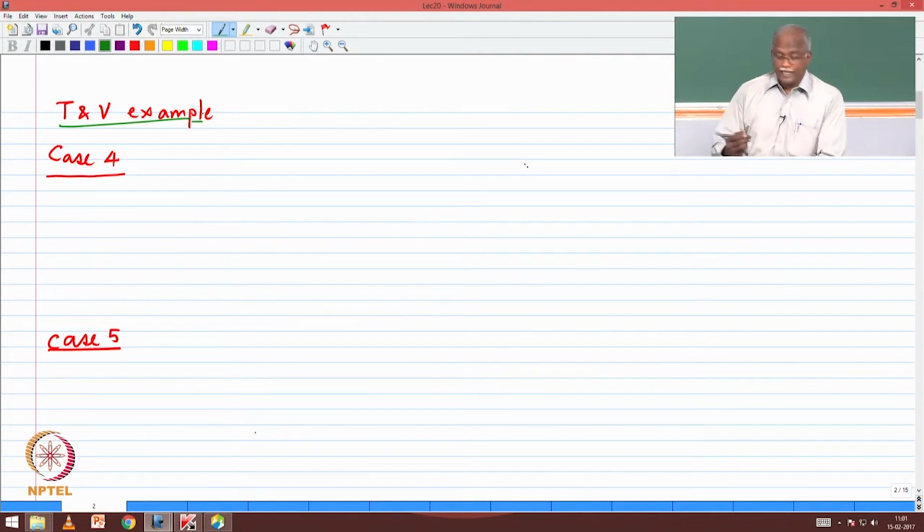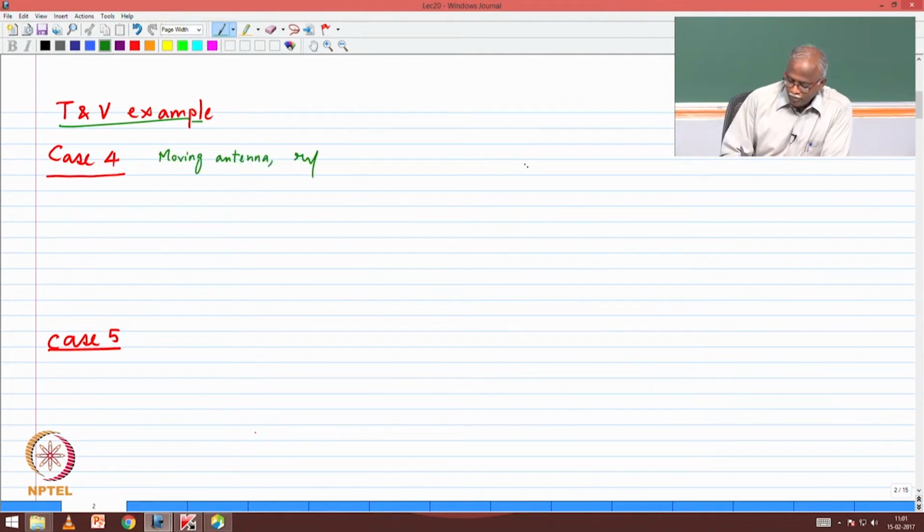Again, we looked at cases 1, 2 and 3. Case 4 was moving antenna plus reflecting wall. This was a combination that gave us an E field that was a superposition of two sinusoidal components.